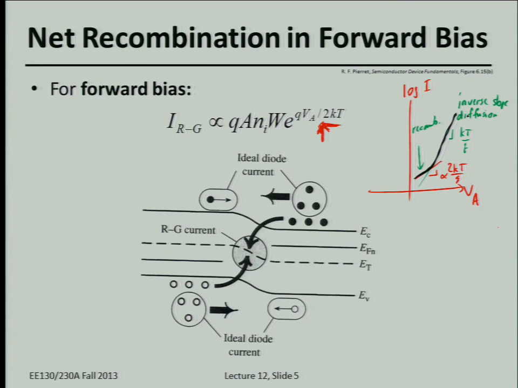I think I alluded to this last time. I'll draw it here. Under forward bias, you have majority carriers flowing into each contact under some positive bias like this. Some of those carriers are supplied to diffuse across the junction.